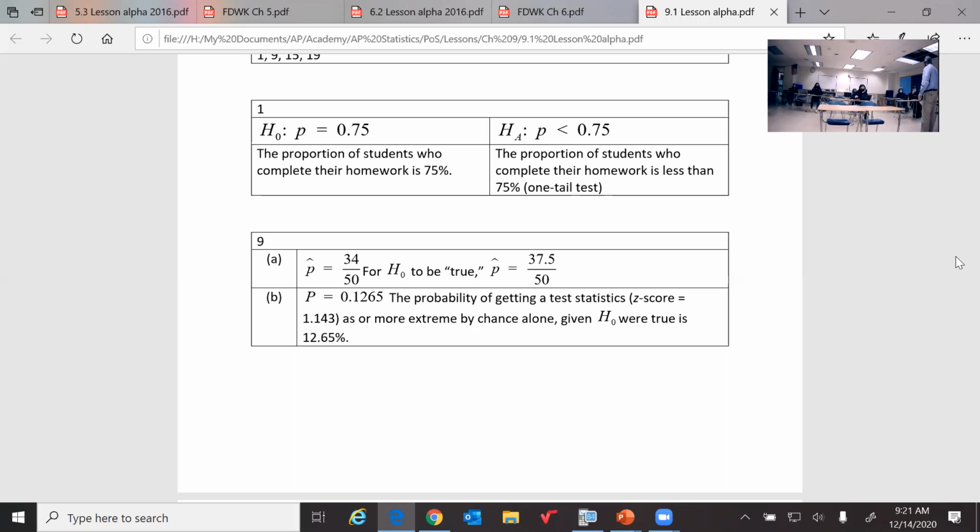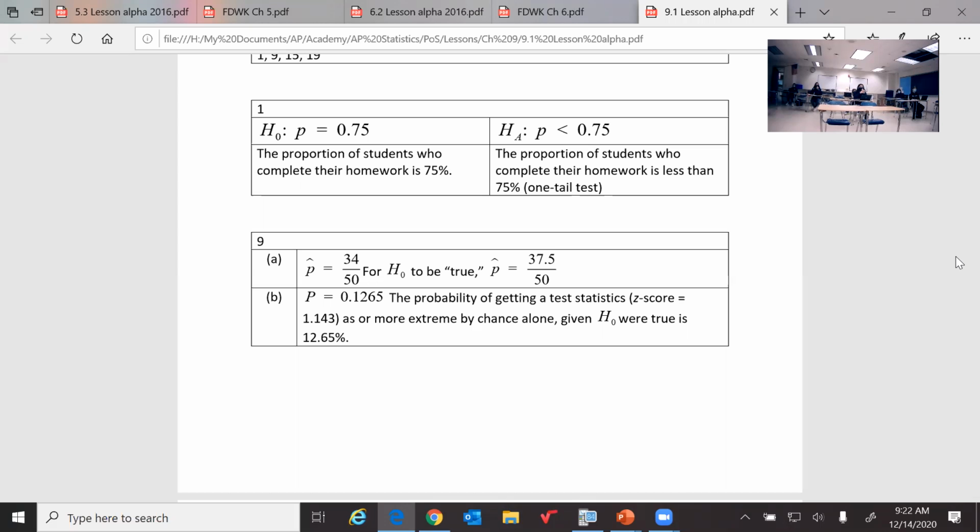Wait, what is it, 37.5? Well, that's 75% of 50, because the null is that 75% of the kids will do their homework. Yes? So we got less than 75% by 7%, or 3.5 kids.